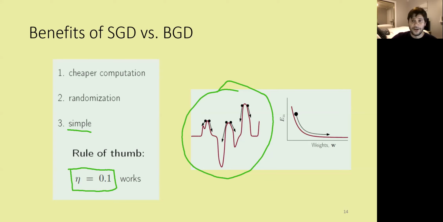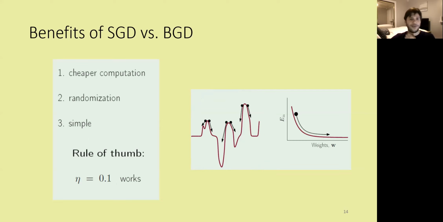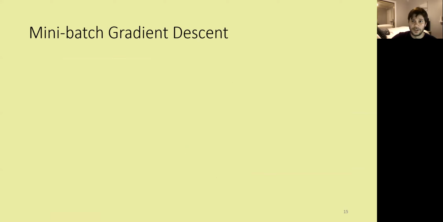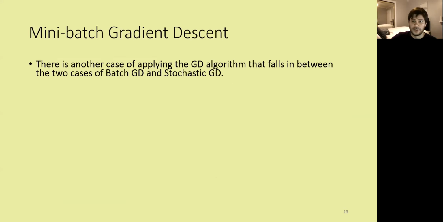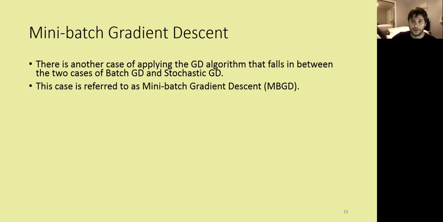And there is a middle ground here. In full batch gradient descent, we used every observation at each iteration to compute the gradient. In stochastic gradient descent, we only used one randomly chosen observation. But there is a medium, a case that falls in between those two extremes, which we refer to as the mini-batch gradient descent algorithm.